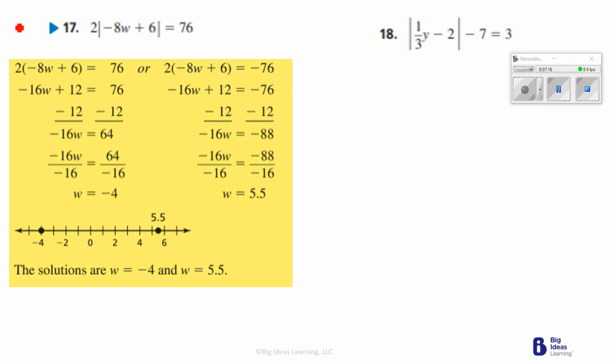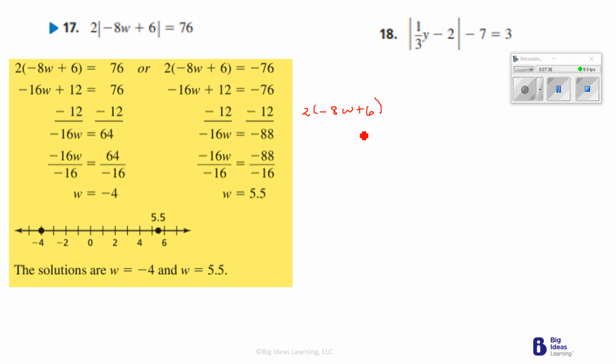I'm just out of curiosity here. I want to see if what I said could have happened. If I would have taken this and divided it by 2 first, and I'm just going to bring it over here, then I would have had negative 8W plus 6, right? And this would have been a 2 here.